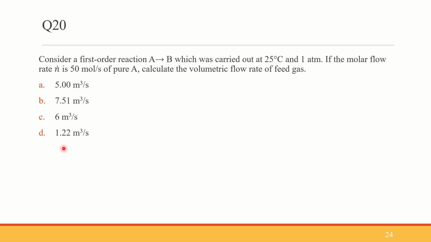We are asked to find the volumetric flow rate of feed gas in meter cube per second, the reaction condition is 25 degrees Celsius and pressure 1 atmosphere, and molar flow rate is 50 moles per second of pure A. We'll see how to solve it once you get an answer.